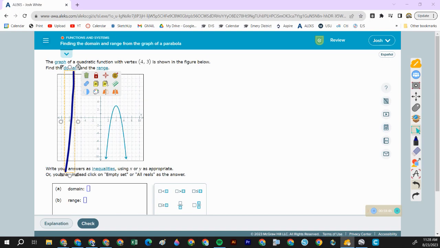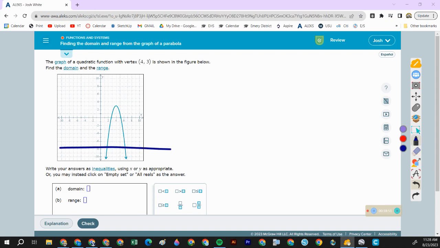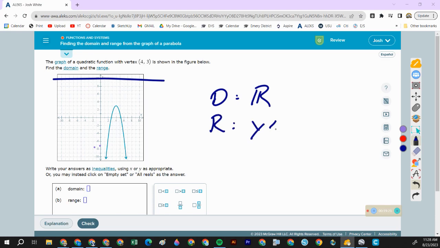Okay. Well, let's look at the range. For the range, we draw a horizontal line. Is there anywhere I can draw a line and miss the graph? Yeah. Anything above 3. So anything up here, there is no graph. Okay? So we could sort of say that the domain is all real numbers. That's the symbol for real numbers. And the range would be y is less than 3.